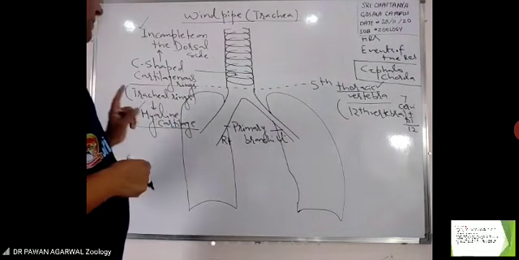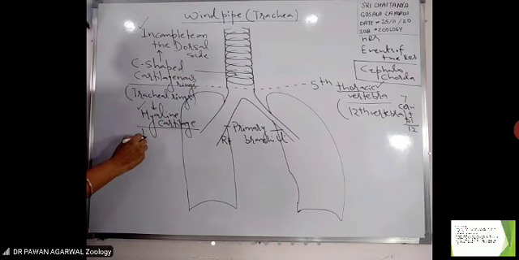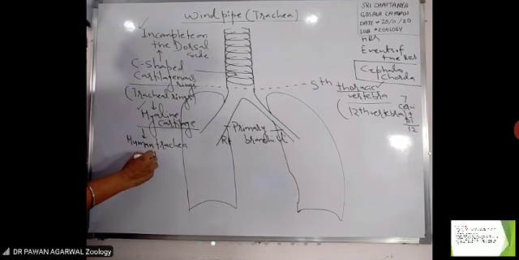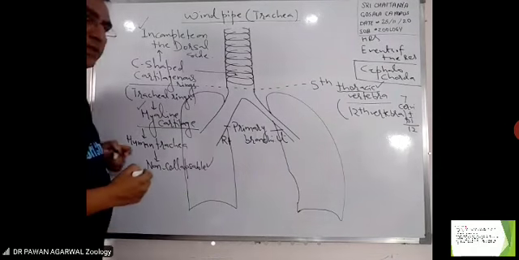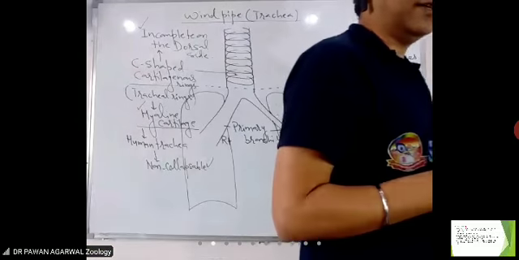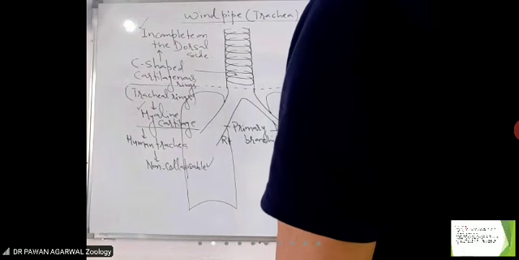Due to the presence of these C-shaped cartilaginous rings, the human trachea is non-collapsible. Even when there is no air in the trachea, it does not collapse because it has the C-shaped cartilaginous rings.